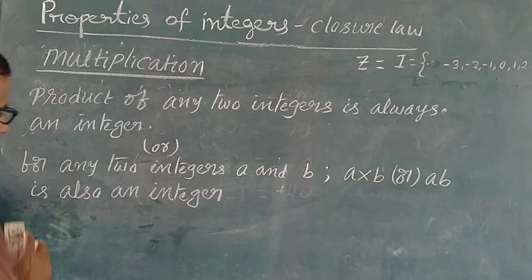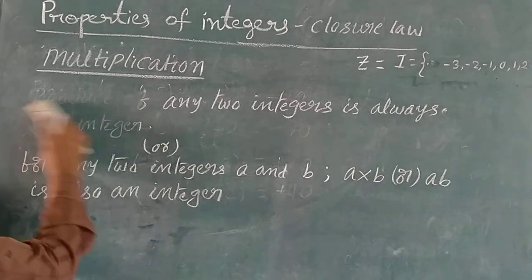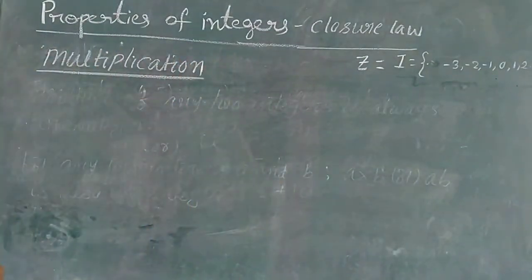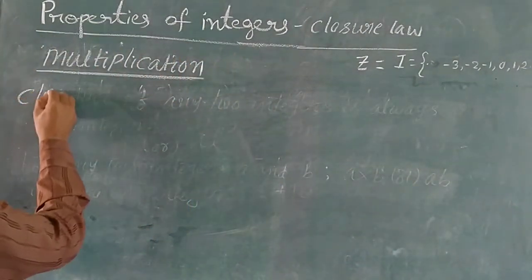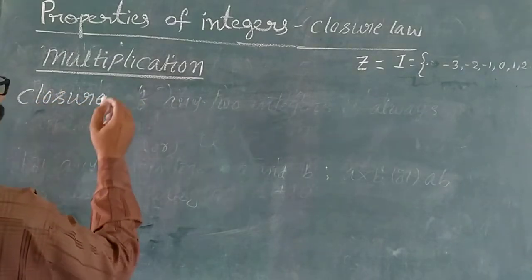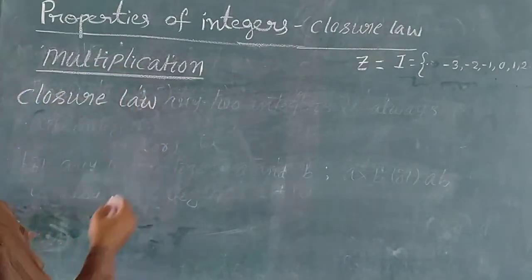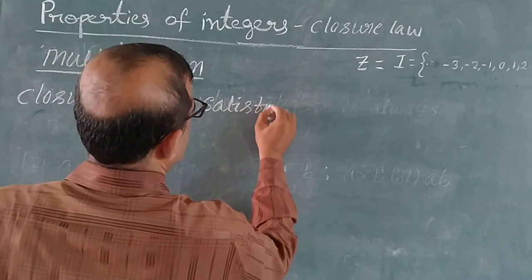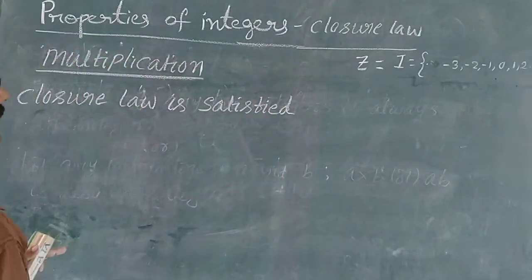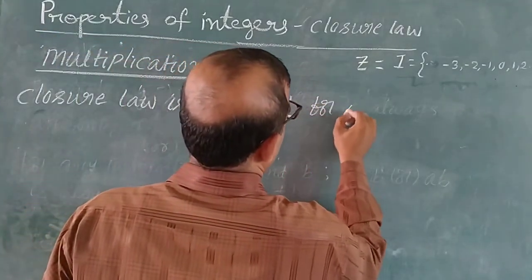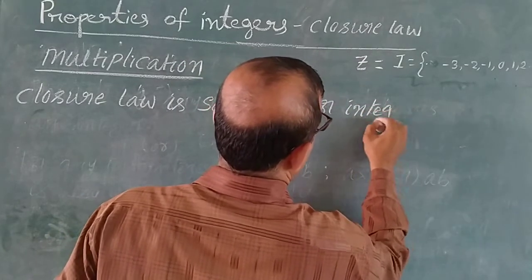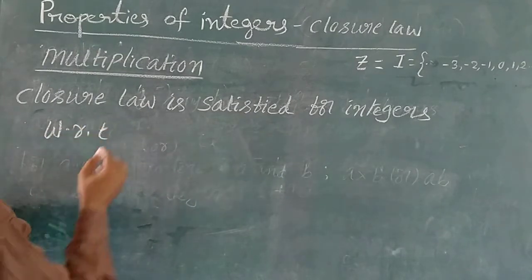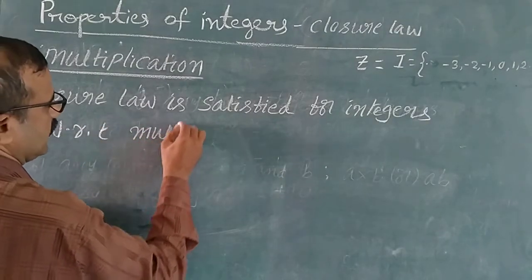So we concluded that Closure law, or Closure property, is satisfied for integers with respect to multiplication.